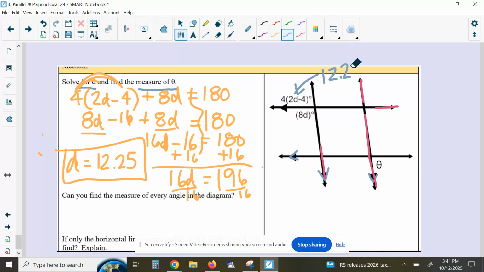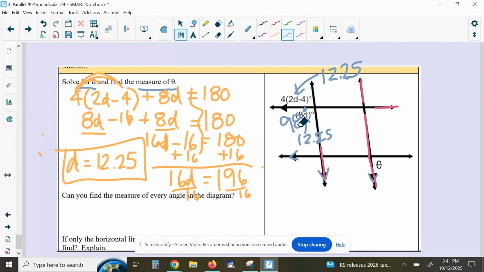This is 12.25, and this one here is going to be 12.25. So that means I need to plug in, for example, 8 times 12.25. So I get the measure of this angle here to be 98 degrees. So this is 98 degrees.